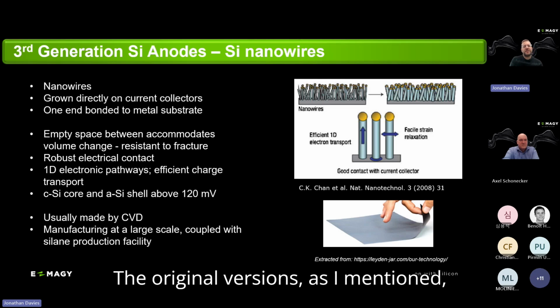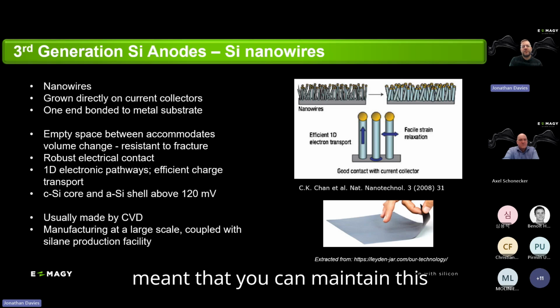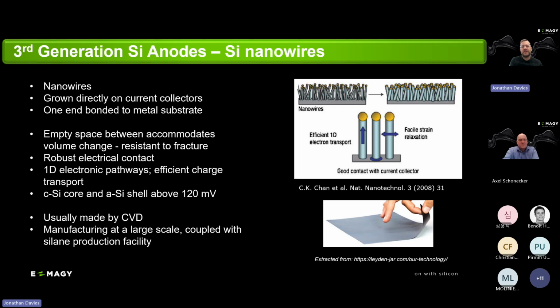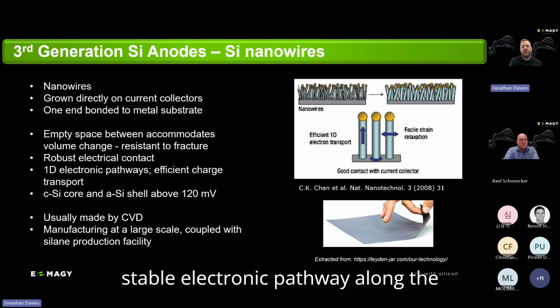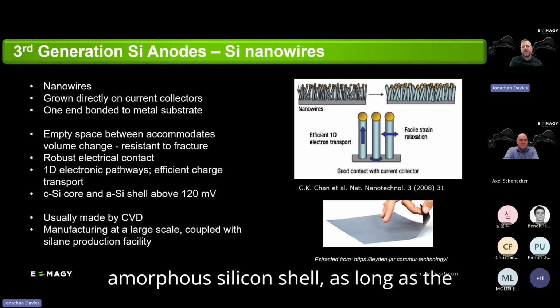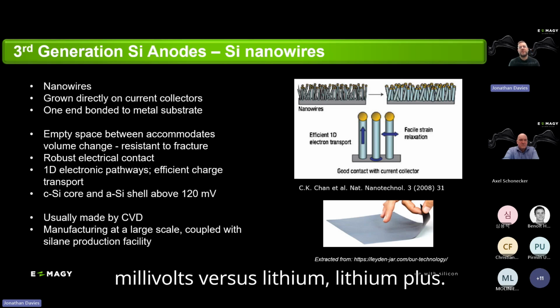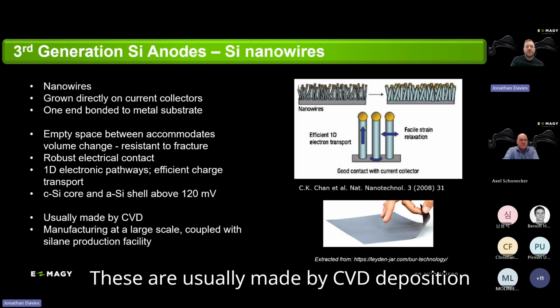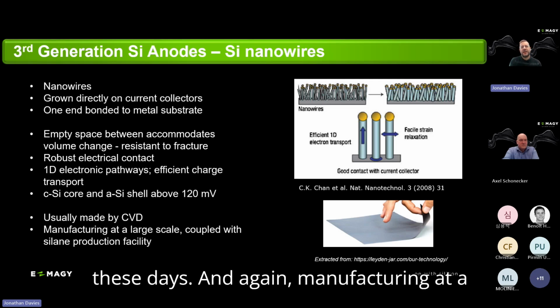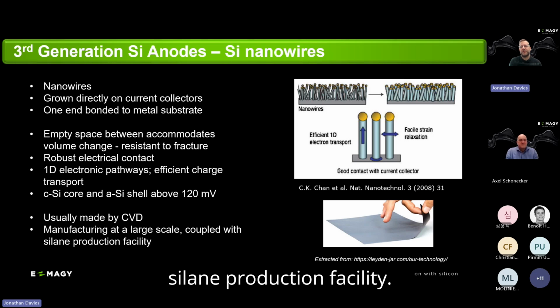The original versions, as I mentioned, had a crystalline silicon core, and that meant that you can maintain this stable electronic pathway along the core, and an amorphous silicon shell, as long as the potential was maintained at about 120 millivolts versus lithium plus. These are usually made by CVD deposition these days, and again, manufacturing at a large scale needs to be coupled with a silane production facility.